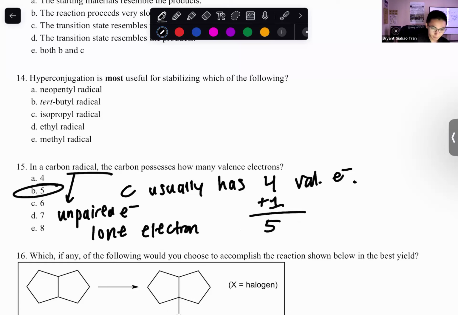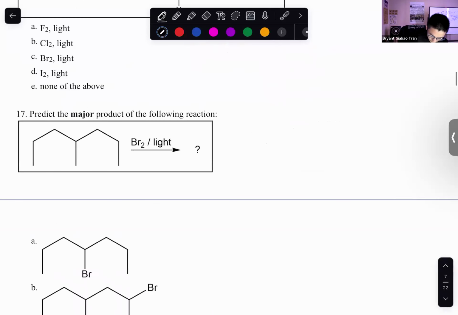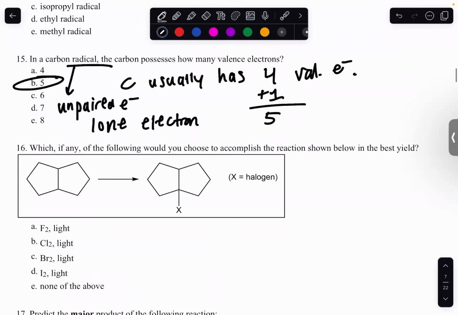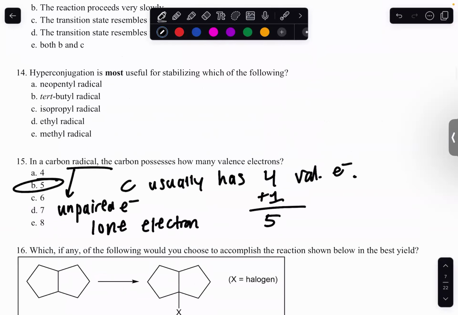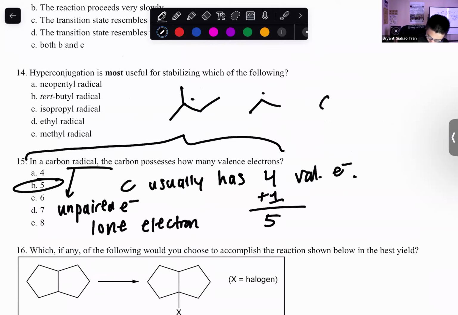And number 20. I'm trying to think of other scenarios, because let's say we have this carbon radical, and all of these carbons here.